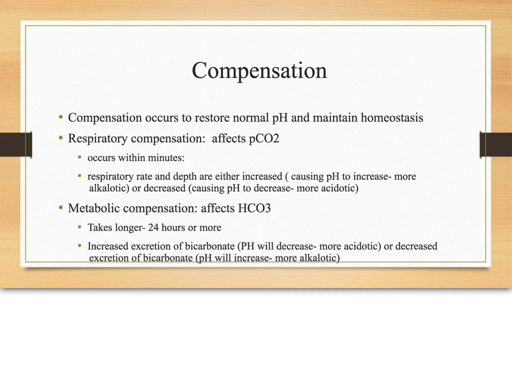They can speed up breathing, and by doing that, you'll be able to blow off more PCO2. Remember, CO2 is an acid. CO2 plus water is carbonic acid. So when you increase the respiratory rate, you blow off CO2 and you become more alkaline. We can do that very quickly with the lungs.